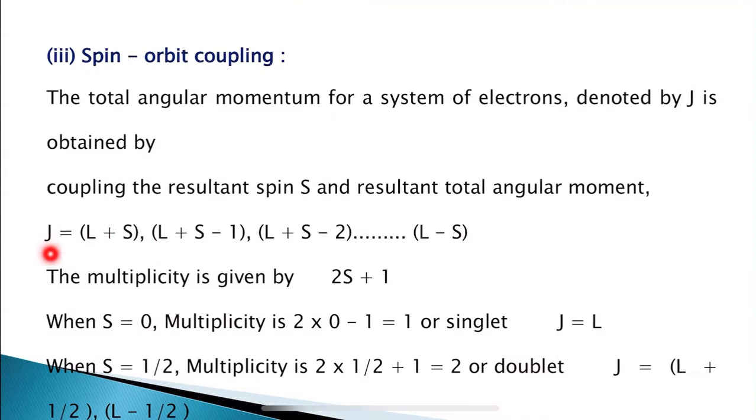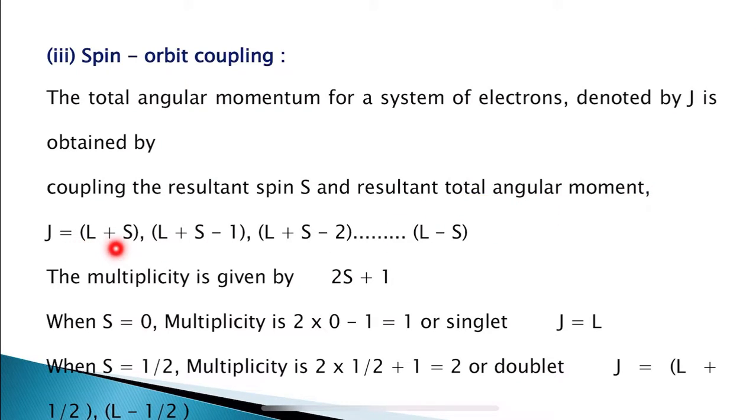That is called the total angular momentum, or resultant angular momentum, because it is observed because of L and S. So the spin-orbit coupling says that the total angular momentum for a system of electrons, denoted by J, is obtained by coupling the resultant spin and resultant total angular momentum.